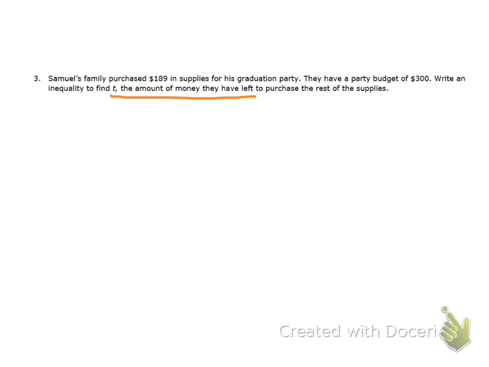They have a budget of $300. Okay, so that's what my total is. So my inequality, the amount of money that they have to spend, their budget, has to be less than or equal to $300 because they can spend $300, but they can't go over. So it has to be less than or equal to.